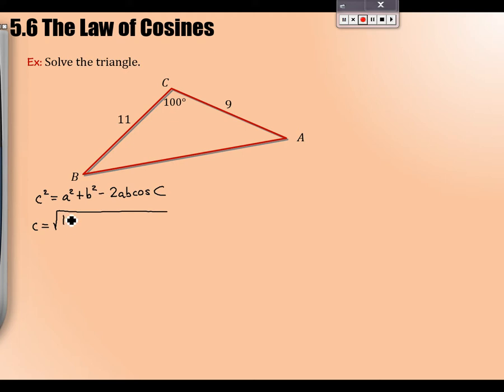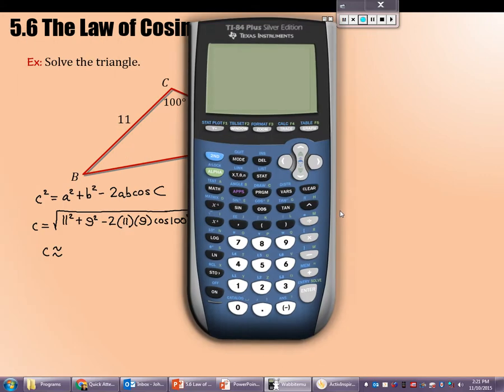A is 11 squared plus 9 squared. So bust out the calculator: 11 squared plus 9 squared minus 2 times 11 times 9 times cosine 100. Make sure you're in degree mode. In a second, we'll write down the approximate value of C. It's going to be very exciting.